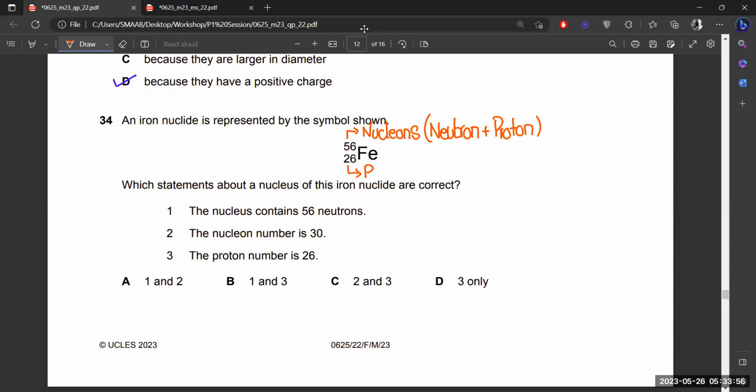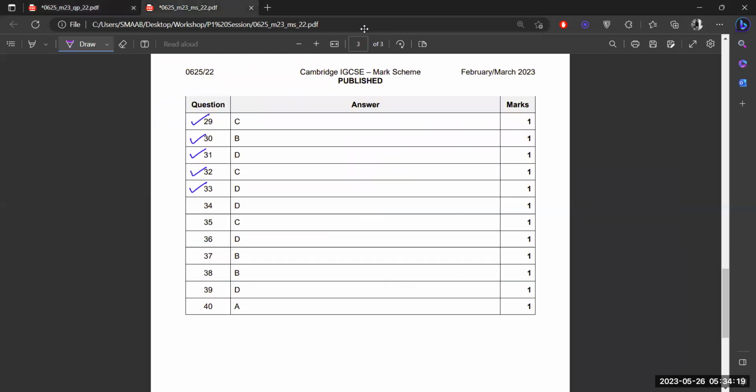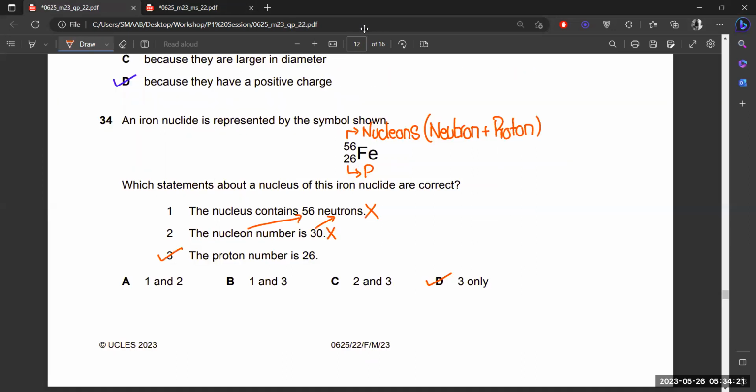The nucleus contains 56 neutrons. That is not right. The nucleon number is 30. That is also not right, because 56 is the nucleon number basically, and 30 is the neutron number. So options are shuffled. The proton number is 26. That is the right choice. 3 only, D.